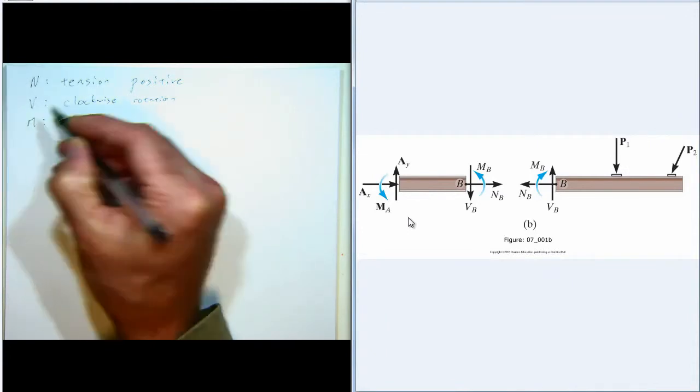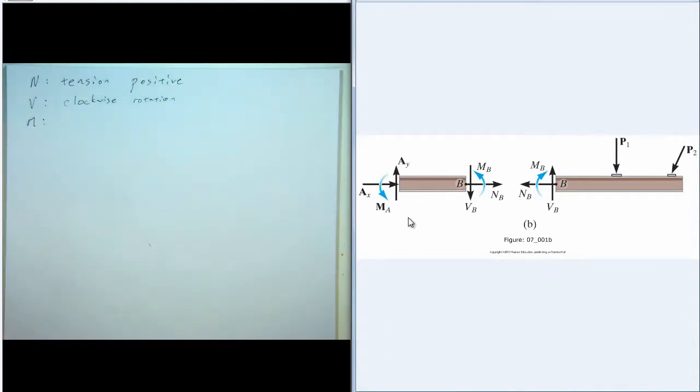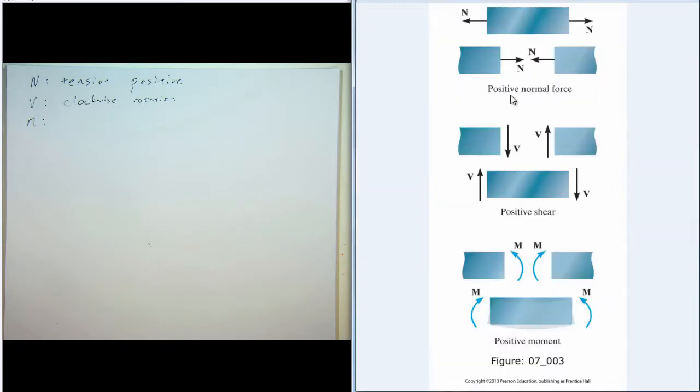And for the bending moment, a positive bending moment causes the member to bend concave upward. That is, it sort of makes a smiley face. So here are the three internal loadings, shown in their positive conventions.